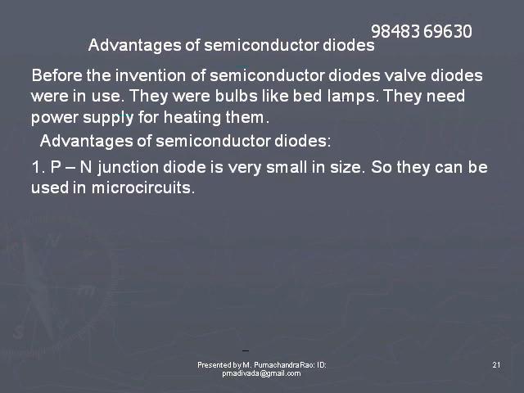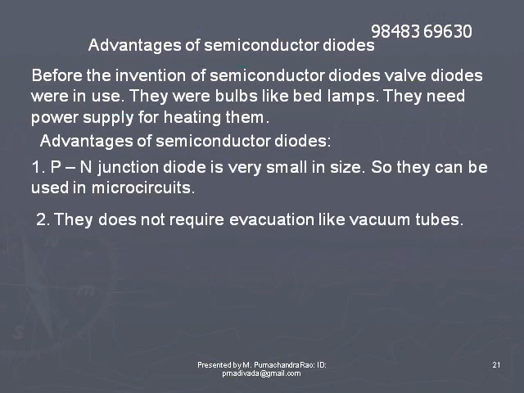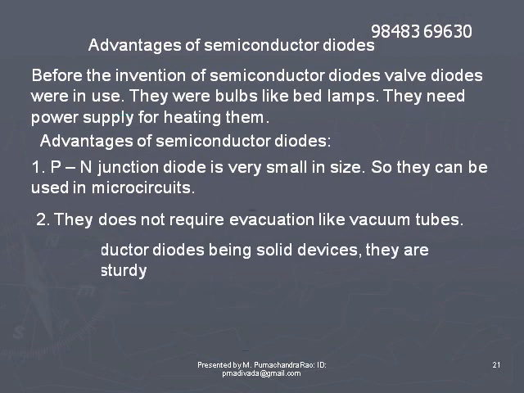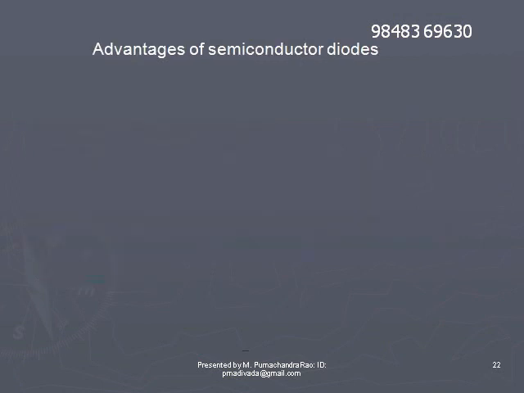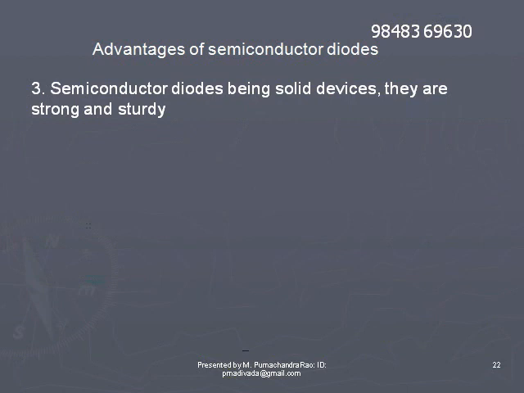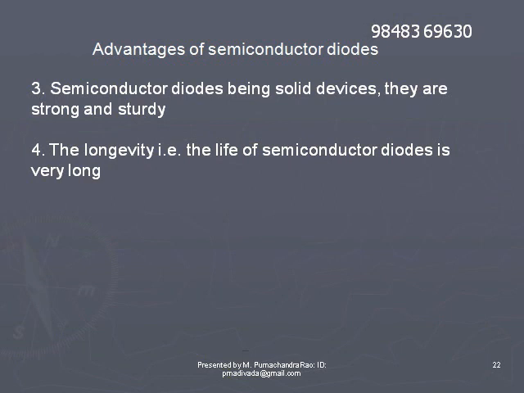The advantages are: a PN junction diode is very small in size, so it can be used in microcircuits. They do not require evacuation like vacuum tubes. Semiconductor diodes being solid devices, they are strong and sturdy. Their longevity is more. The life of semiconductor diodes is very, very long.